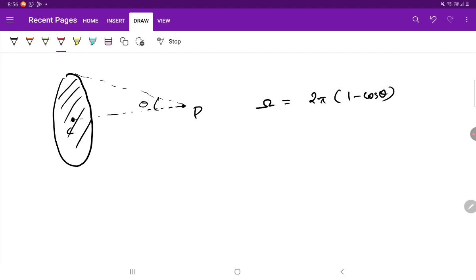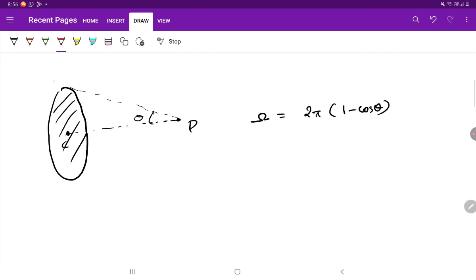Now here we have to make some small derivations. Suppose I take a small circular thin strap with subtended angle theta plus d theta at the point P. This angle d theta is the line joining the inner disc and the outer imaginary thin disc.